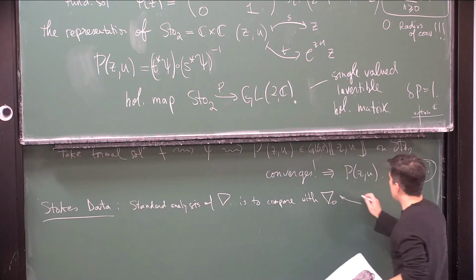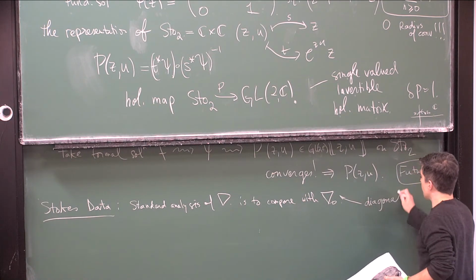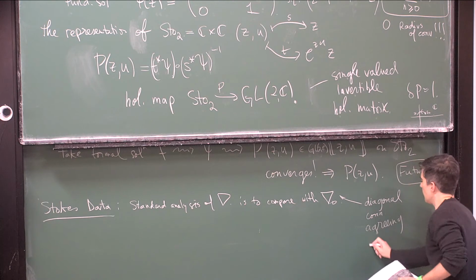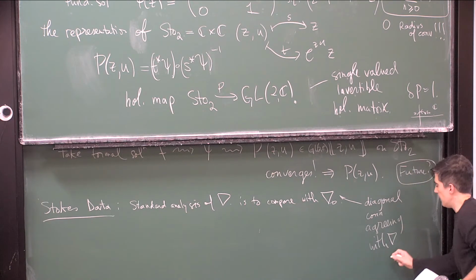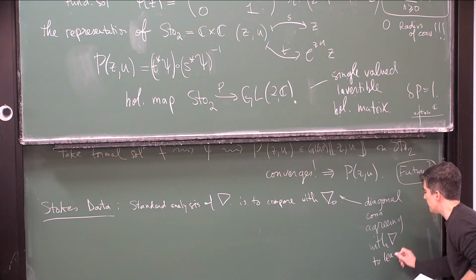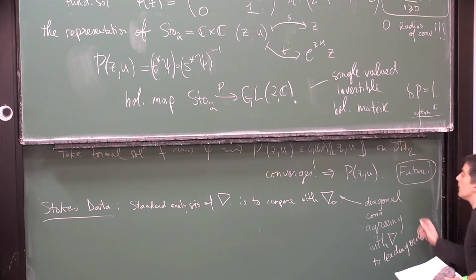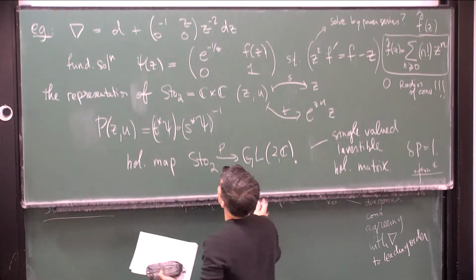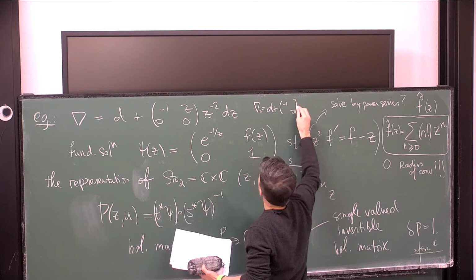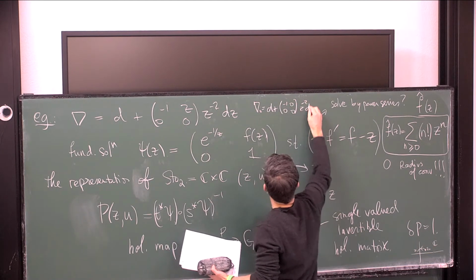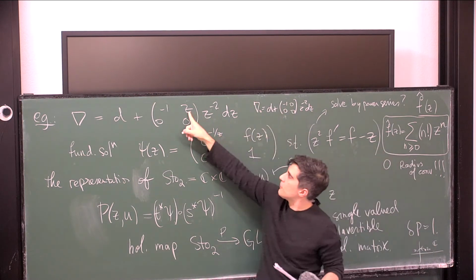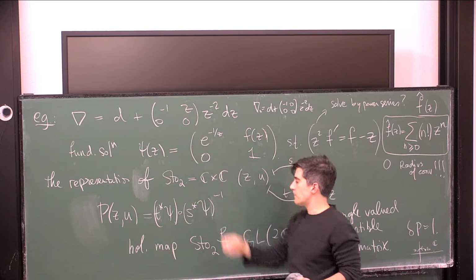This is a diagonal connection which agrees with nabla in its leading order singular behavior. So, for example, we could take nabla knot to be d plus the matrix (minus 1, 0, 0, 0) z to the minus 2 dz. Very similar to what Jan did in the exercise yesterday, where I don't have this sub-leading order in the pole.